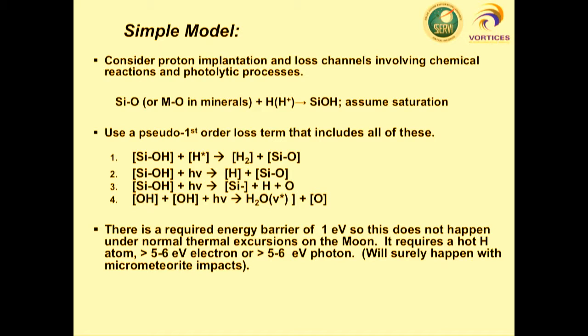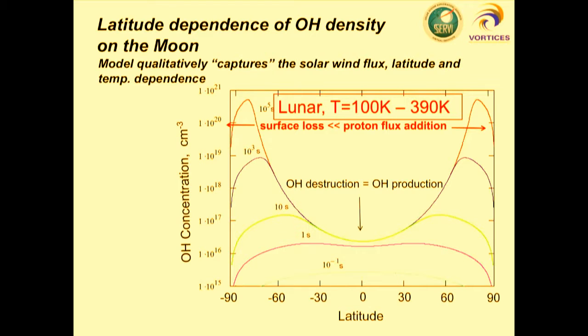Okay, so what we want to do is take this information that we have, and we know this happens, and we're going to say this is our effective loss rate, our first order loss term. We load these up with a proton irradiation, making this hydrogen terminated to hydroxyls, and then we have this first order loss term. We put it in a model. It's a very simple model, and we can qualitatively capture the so-called latitude dependence of the OH signal.